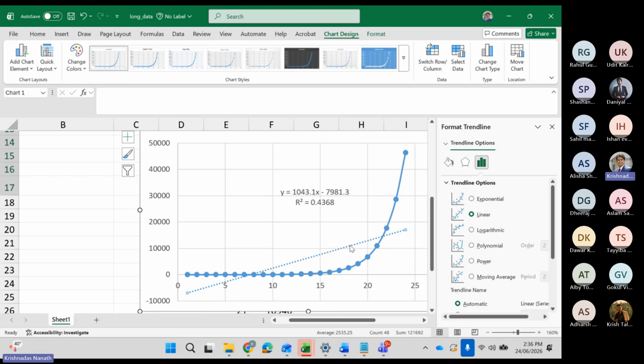But when I made my mental notes, I was very clear this is not a linear distribution. Can you take a guess? Most likely exponential, because you can see the nature of the graph also. You can see how log behaves. It behaves like this, which means it initially increases and then saturates. You can see how polynomial behaves, up and down. You can see how power behaves. So power and exponential probably come the closest.